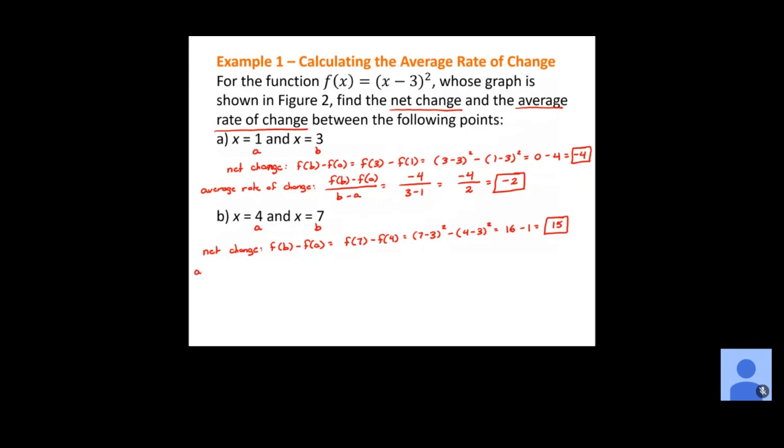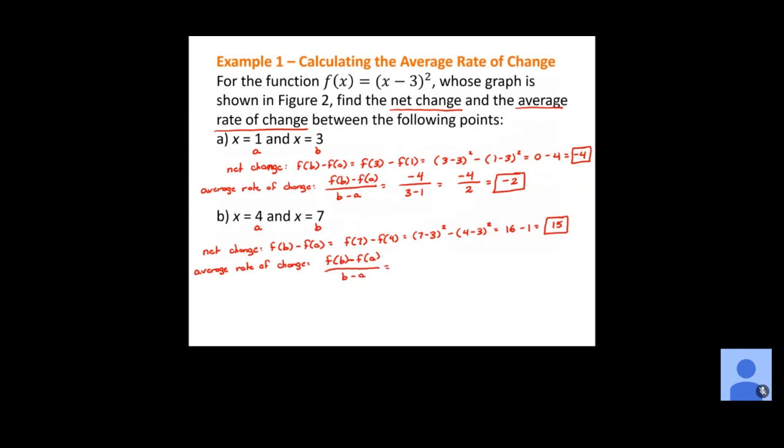And then if we're looking at average rate of change, again, just to remind us of the formula, it's going to be f of b minus f of a divided by b minus a.